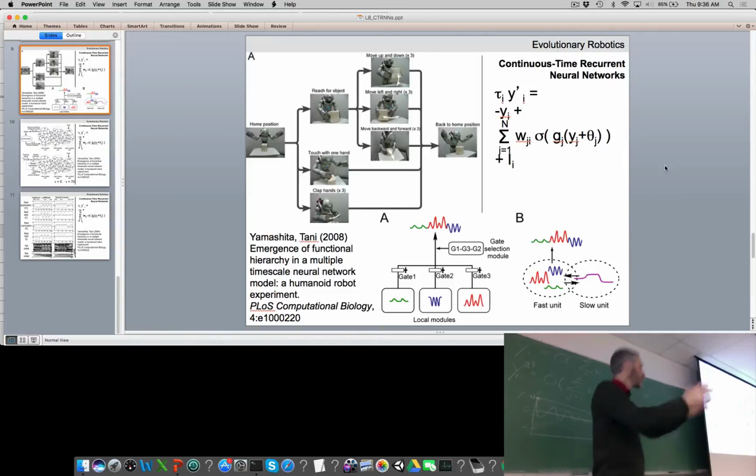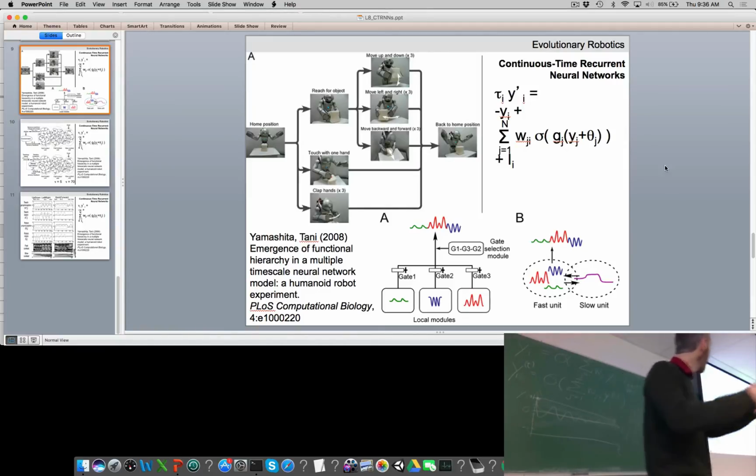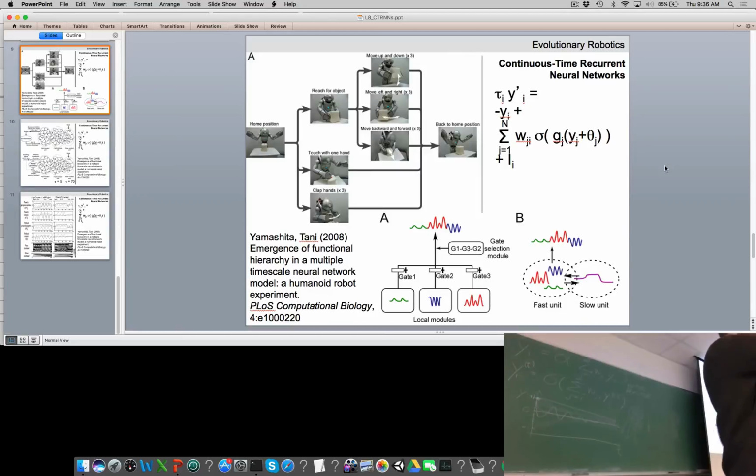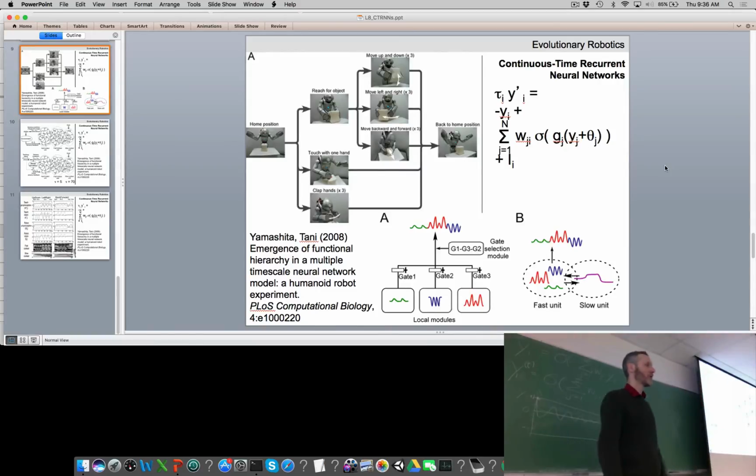One is grasp the cube. Another function is move the block up and down 3 times. Another function is move the object back and left and right 3 times. Another function is push it forward and back 3 times.